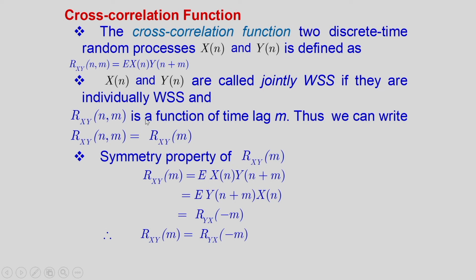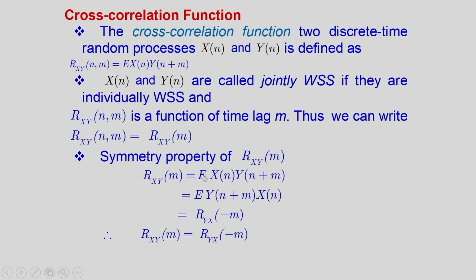Now, we know that the autocorrelation function is even symmetric. Similar to that, there is a symmetry property of Rxy of m. Rxy of m is equal to E of xn into y of n plus m. This is by definition. And now, because these are two real numbers, I will exchange the order, so E of y of n plus m into xn.